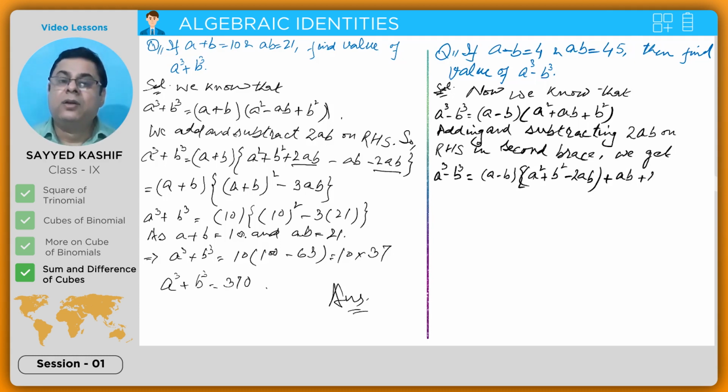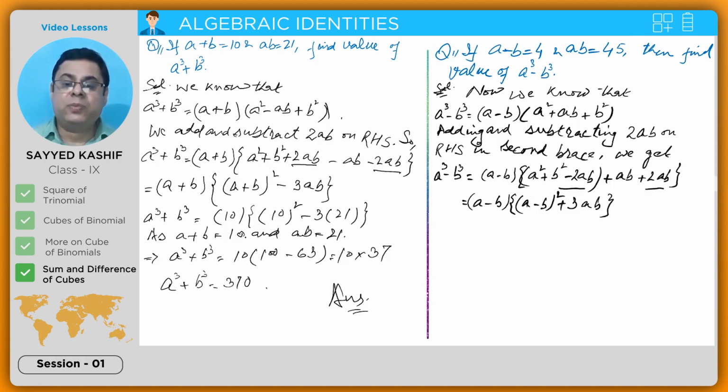We subtracted 2ab in the first braces and then added 2ab later, so the entire expression is balanced. But in the first braces, a square plus b square minus 2ab is actually equal to (a minus b) whole square. So the entire expression becomes (a minus b) into ((a minus b) whole square plus 3ab).